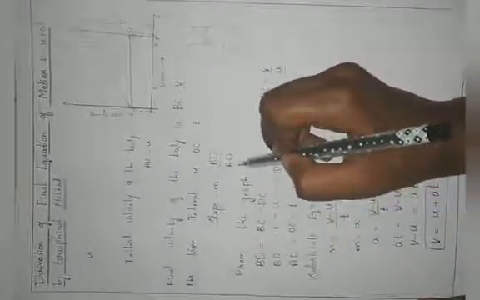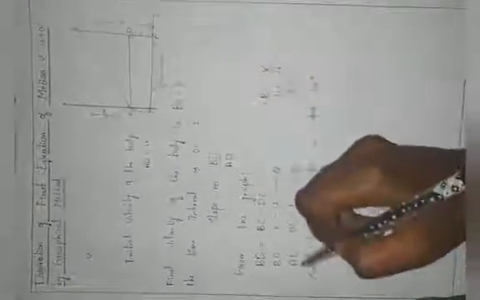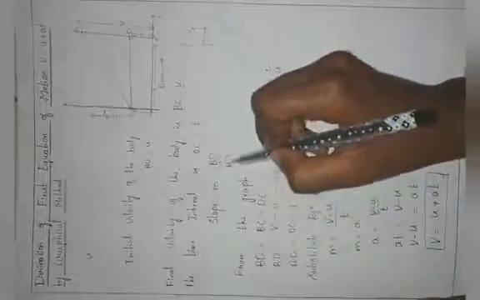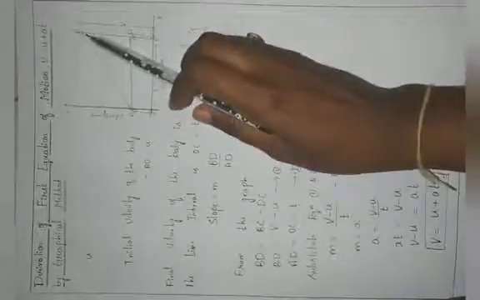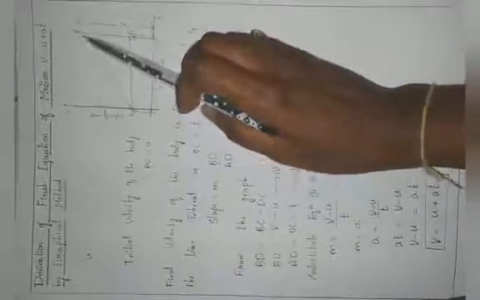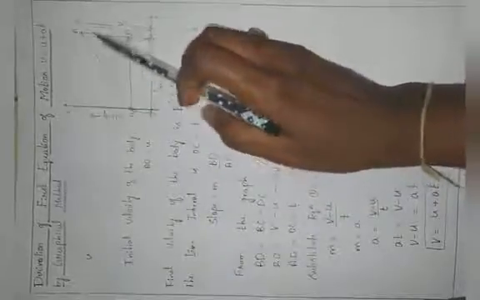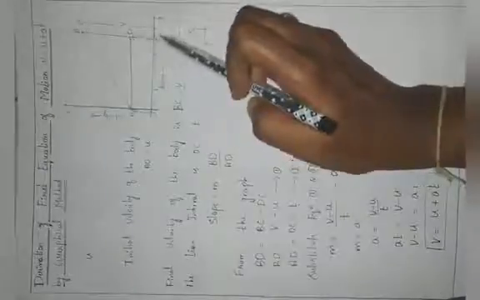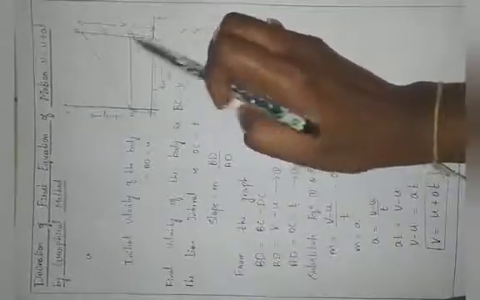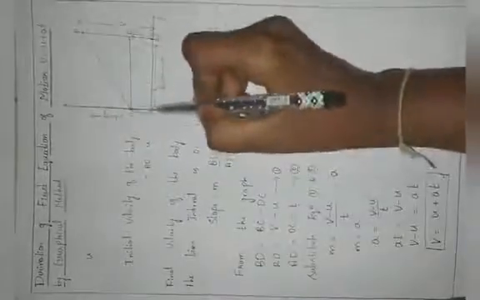From the graph, let us find out the value of BD and AD. The total distance BC is equal to V. Now I want to find out this distance BD. BC minus DC will be the value of BD. Here DC is parallel to AO.